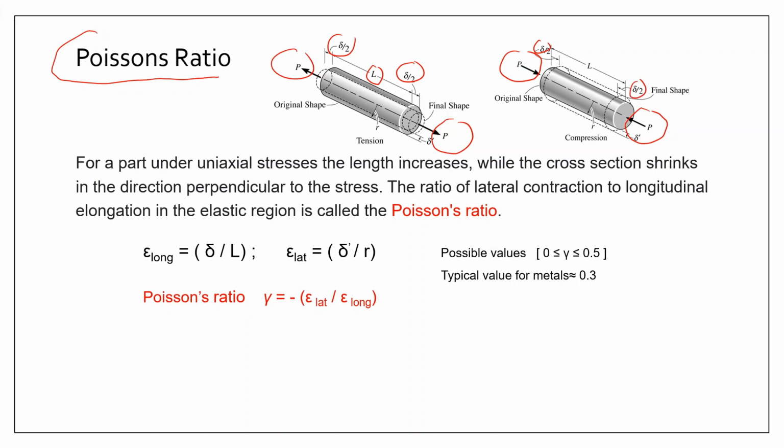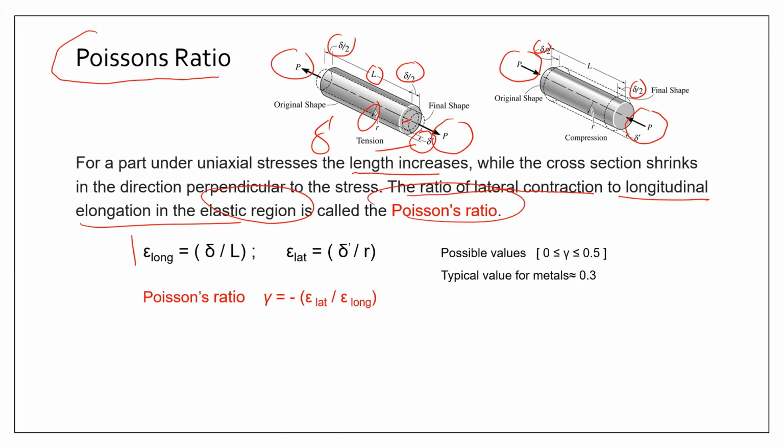So if the length increases, we know that the radius will also change. So we will have a smaller radius and we will have a dimensional change delta prime. The ratio of the lateral contraction to the longitudinal elongation in the elastic region is called the Poisson's ratio.